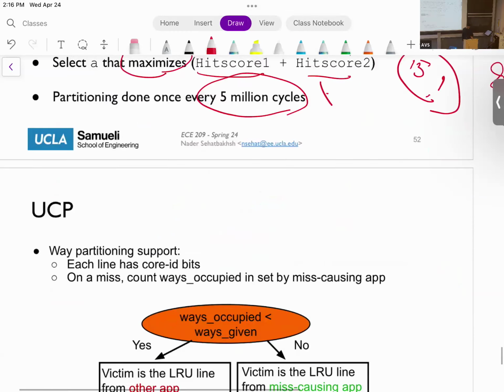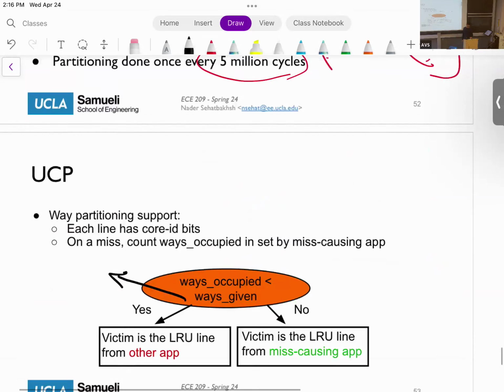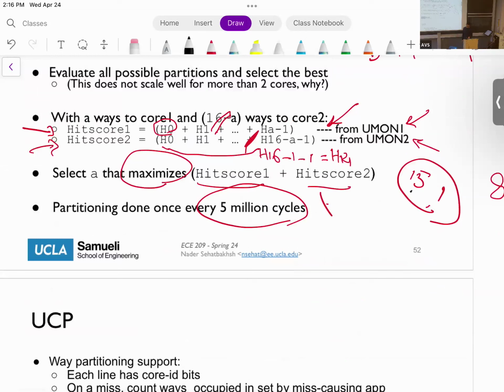Okay, so essentially, this is what we're going to get. We're going to have this way-partitioning algorithm that takes these two numbers, the number of ways given. So this is the number that we are getting from here, for example, 15 and 1. So one cache should get 15 ways, the other cache should get 1 way.